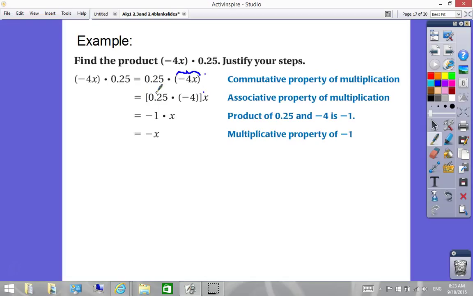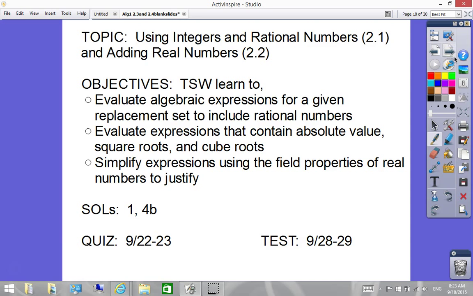Not really a property that's in our list, and actually most of the time they do something like that, they would call it substitution. When you're just saying what something equals, they didn't use the word, but they kind of explained it. And then -1 times x is -x. Multiplicative property of -1. And that's it.